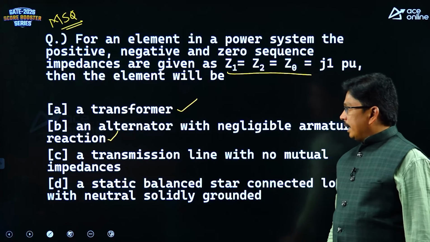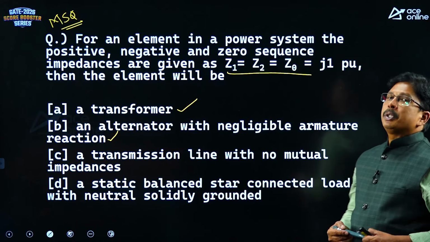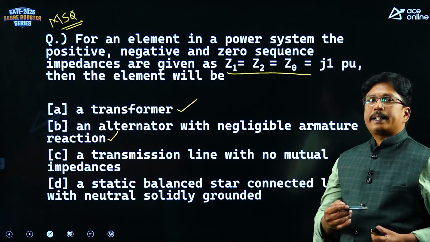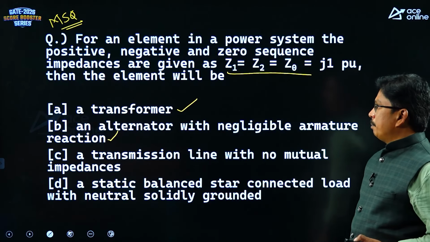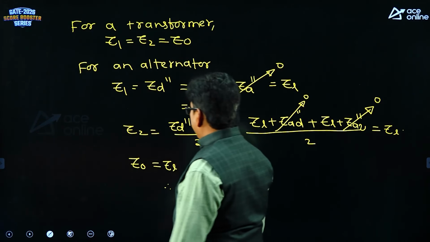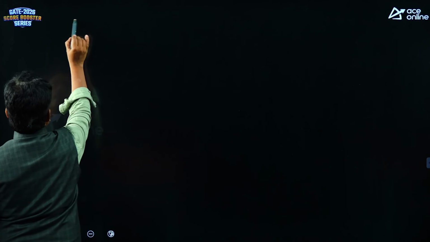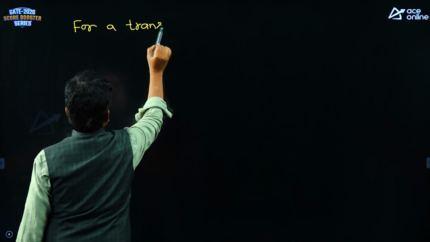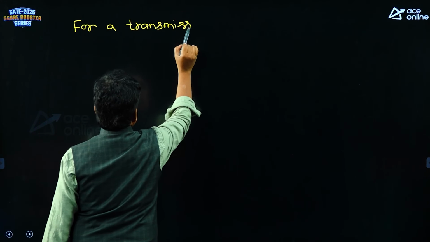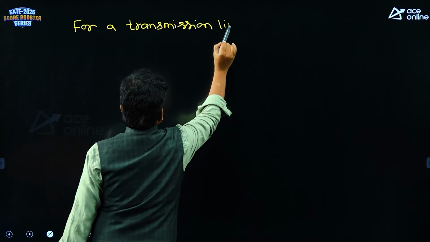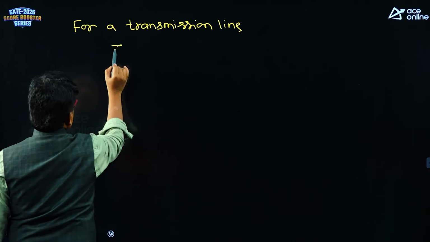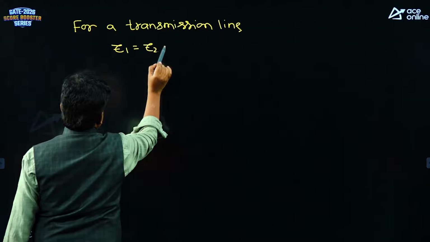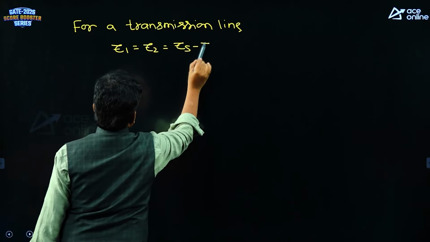Coming to option C, a transmission line with no mutual impedances. For a transmission line, the value of Z1 is equivalent to Z2 is equivalent to Zs minus Zm.